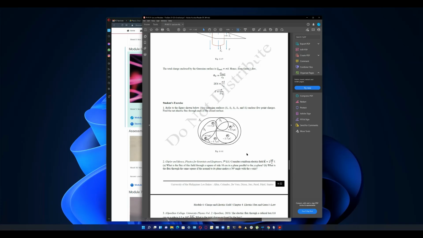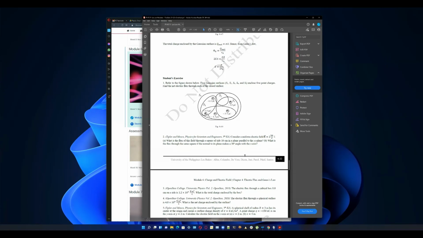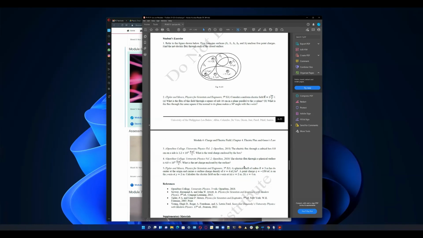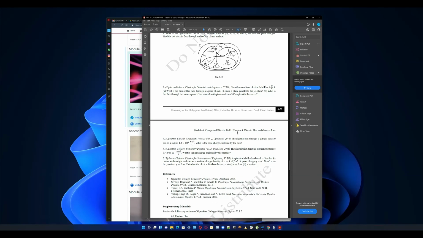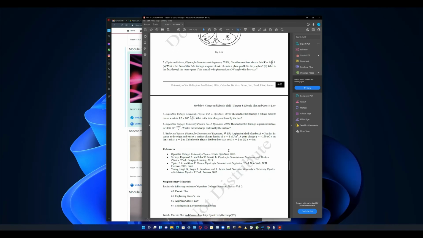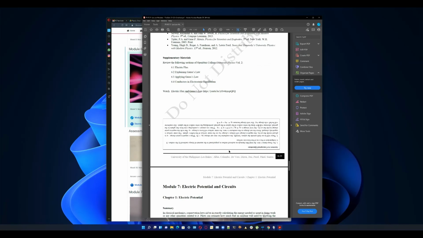Ganun yung idea. So with that, you can now do problems of different shapes. At ito nga yung nasa problem set na gagawin nyo. Ayan. So yun yung sa Gauss's law.